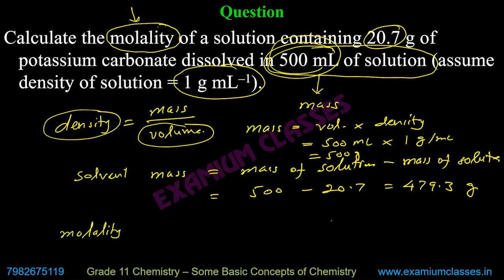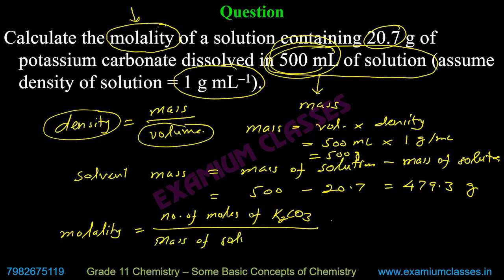Molality is equal to number of moles of potassium carbonate divided by mass of solvent in kg. Number of moles of potassium carbonate will be given mass of solute divided by molar mass of K2CO3. Molar mass will come out to be 138: 78 plus 12 is 90, plus 48 is 138.